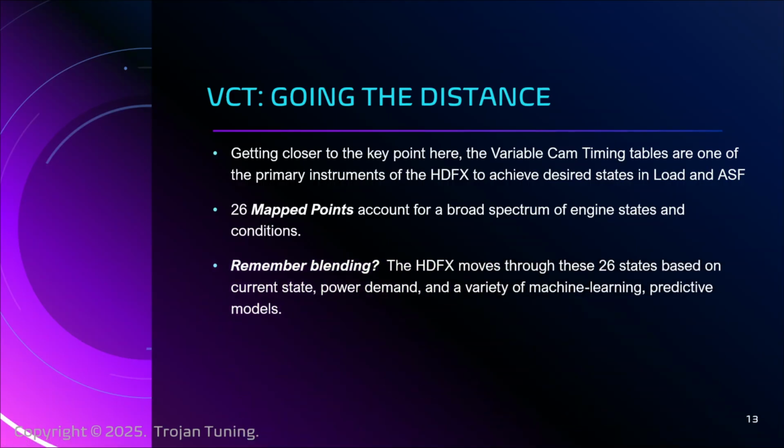So again, remember blending. The HDFX looks at these 26 states and it moves through them from one to the other, blending them. There's various possibilities for the current state of the engine, the power demand, and all of these different predictive machine learning models it has for power and efficiency.